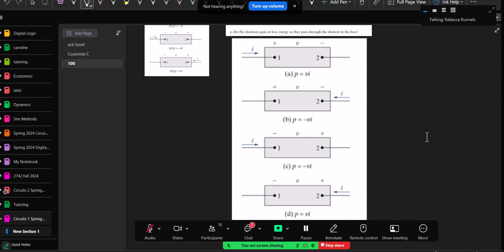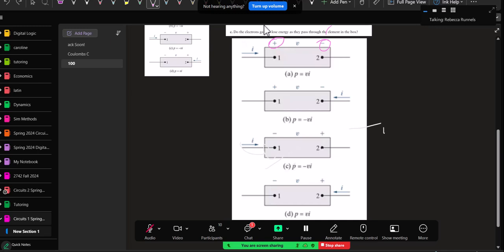So if you look at this top element right here, it's labeled as having the positive terminal on the left and the negative terminal on the right. And the current is drawn as going in. So that's what we're defining as positive current.